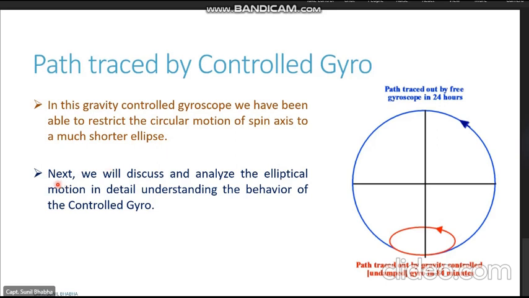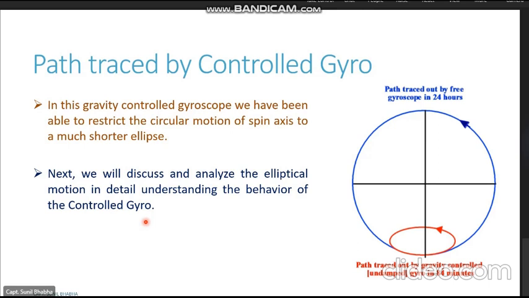Now after this, next we are going to discuss and analyze the elliptical motion in detail, understanding the behavior of the controlled gyro. Even now, when the gyro is moving on an elliptical path, which is much shorter as compared to the circular path traced out by the free gyro, the gyro has not settled yet on the meridian.